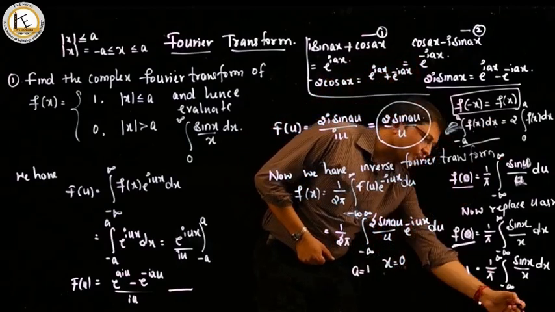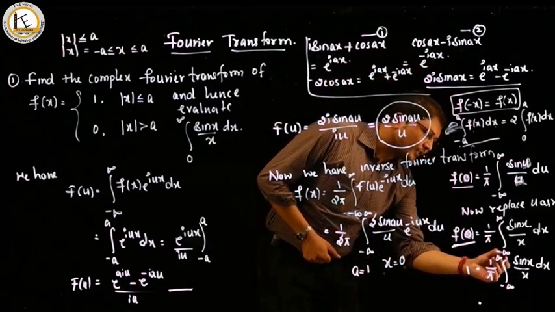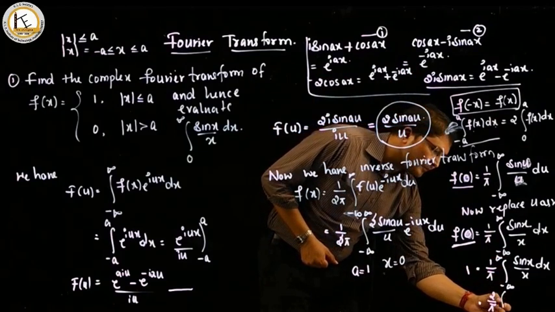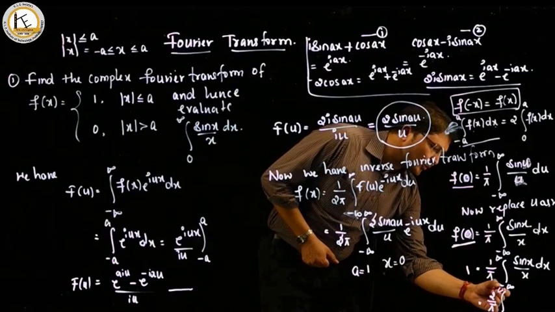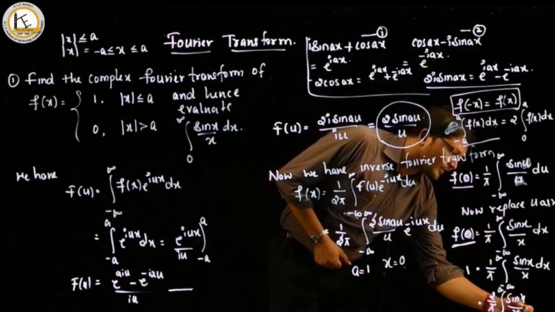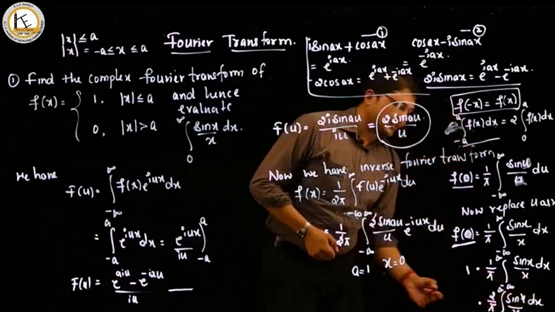Therefore here also minus infinity to plus infinity can be written as 2 divided by pi. Obviously here it becomes 0 to infinity, then sin x by x with respect to x.